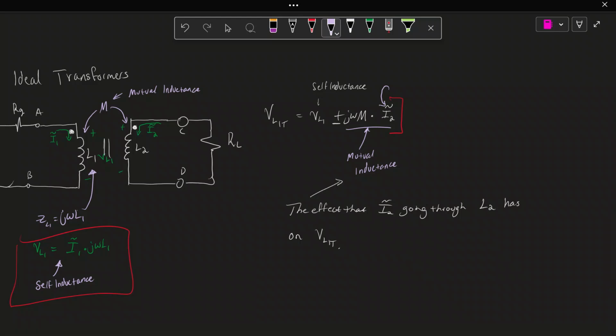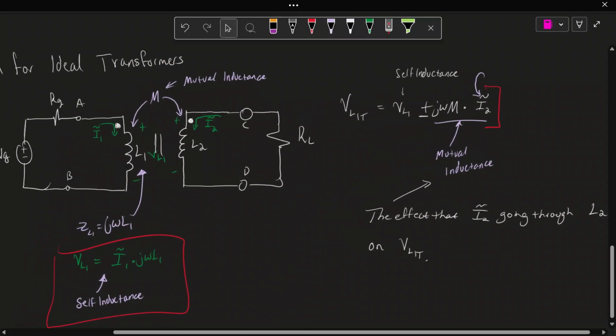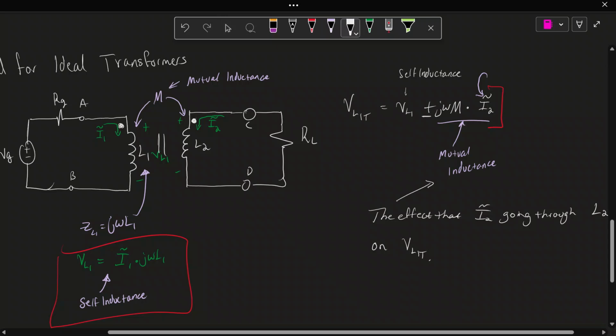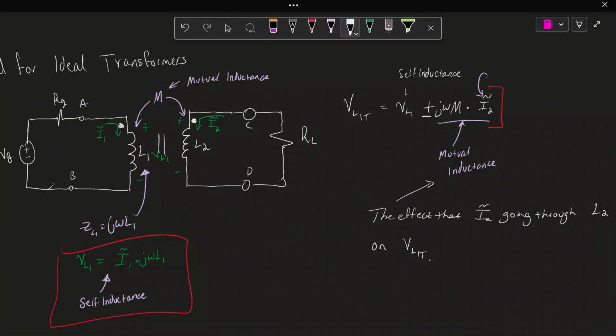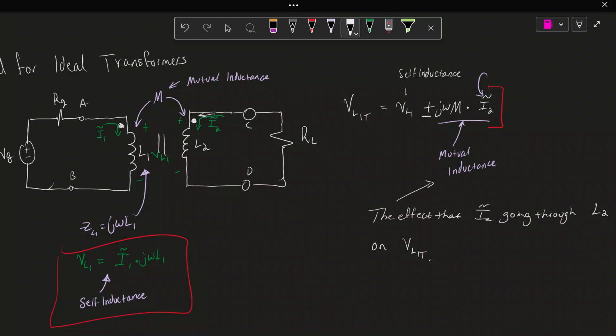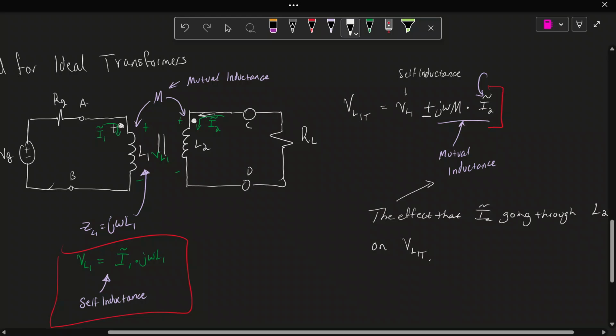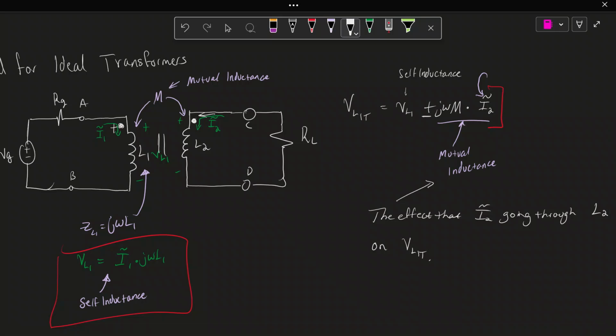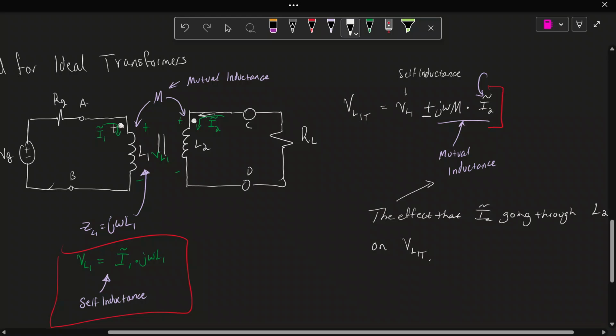What they've come up with for this dot convention is if I2, or the current going through the inductor that is affecting the main inductor that we have, is going into this dot, that means there will be a positive electric potential at the other dot, the dot that we are trying to figure out, which is our primary winding L1. So there will be a positive at our main dot and a negative down at the undotted side.